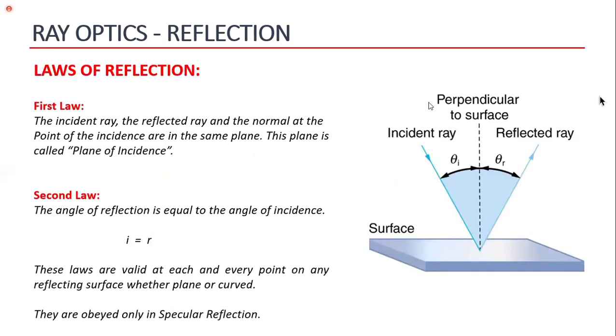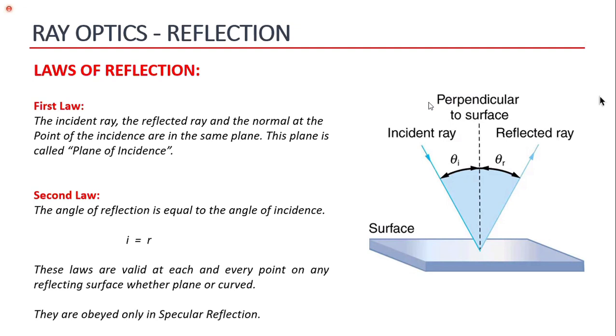Now, since we have understood what we mean by reflection, let us see what the laws of reflection are. First, we'll talk about the first law: the incident ray, the reflected ray, and the normal of that surface always lie in the same plane.